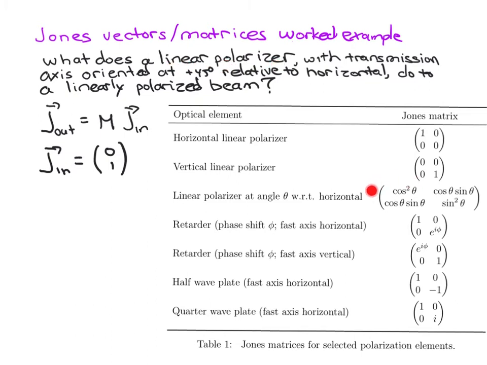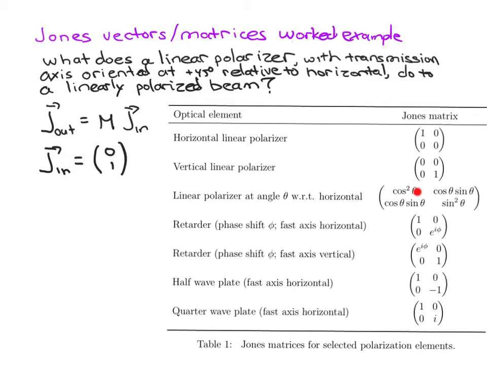The Jones matrix is given by this 2 by 2 matrix here. Since our linear polarizer is oriented at an angle of plus 45 degrees, all we have to do is plug in the angle theta equal to plus 45 in this matrix to calculate the appropriate Jones matrix. And that's easy to do.